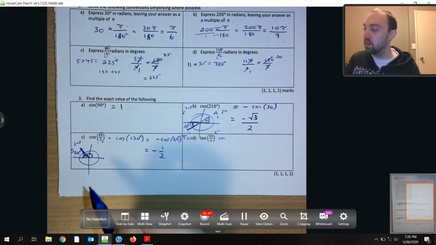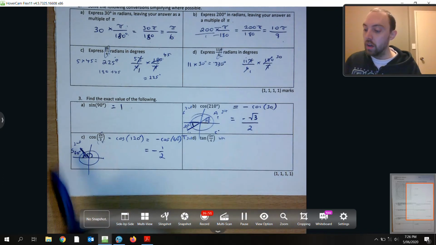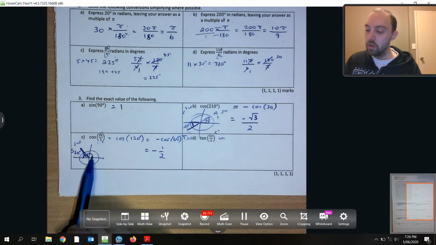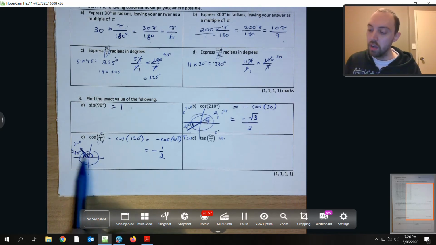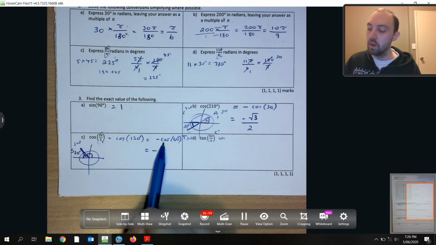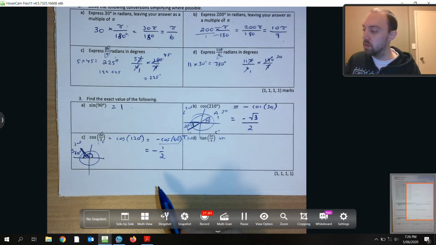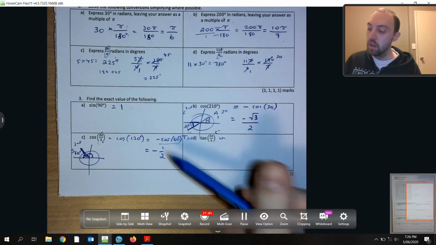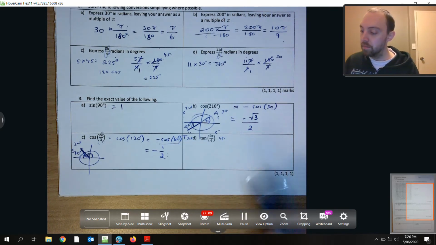The acute angle is where our exact values come up. Alright, so 120, the rest has to be 60, and so second quadrant, negative cos of 60. Cos of 60 goes back to our exact values, or the triangles. Cos of 60 is half, so negative half is my answer.